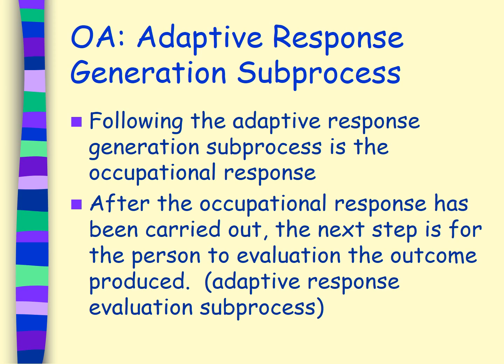The occupational response is on your diagram also. After the response has been carried out, the next step is for the person to evaluate the outcome that's been produced. And so again, we're going through the adaptive gestalt.